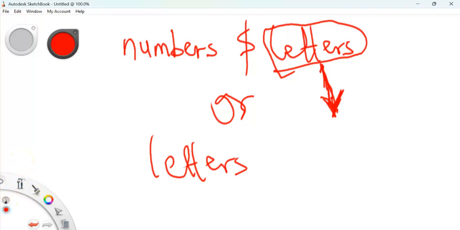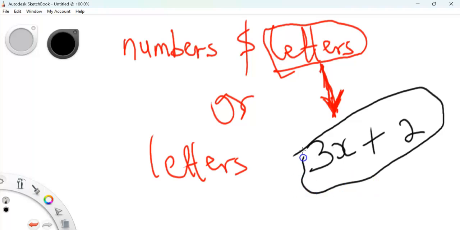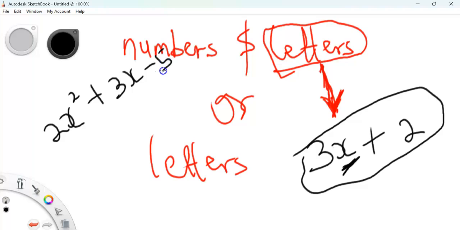For example, let's say you are given something like this: 3x plus 2. This is an algebra. Why? There is the presence of an alphabetical letter here. Also, let's say you see something like 2x raised to power 2 plus 3x minus 5.